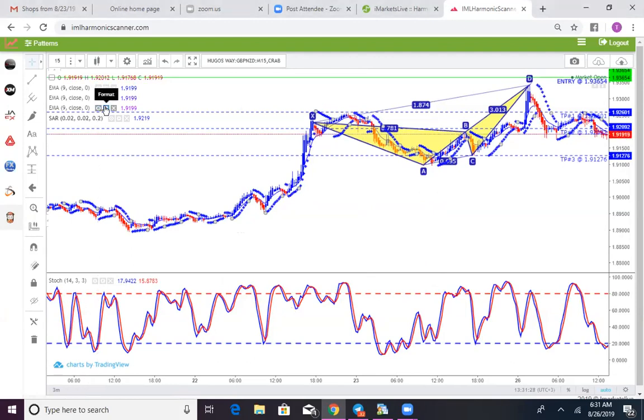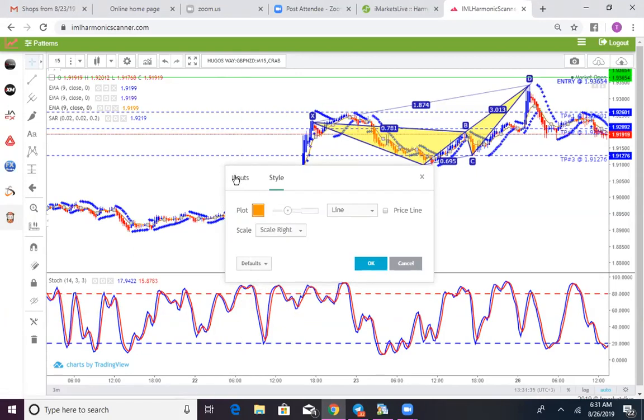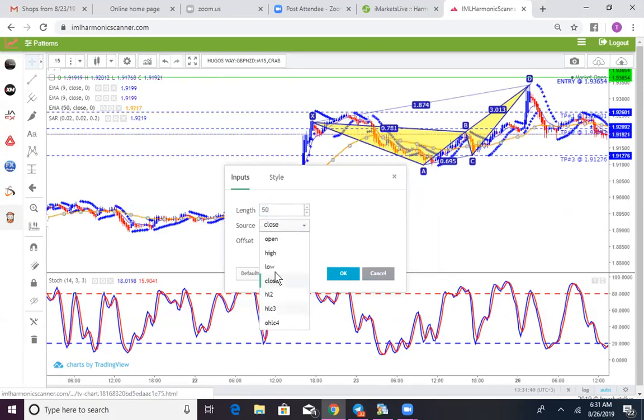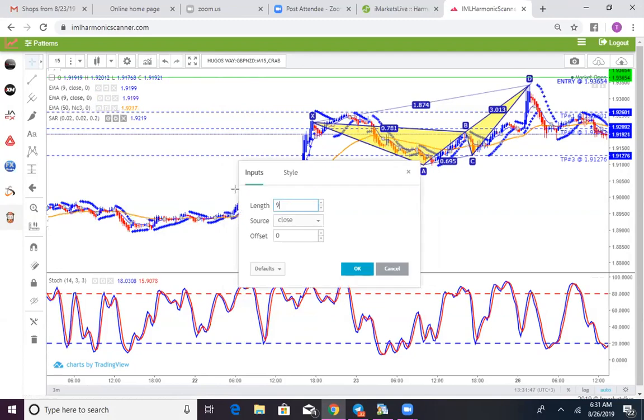Moving average. I make this for my 50. Make this one.